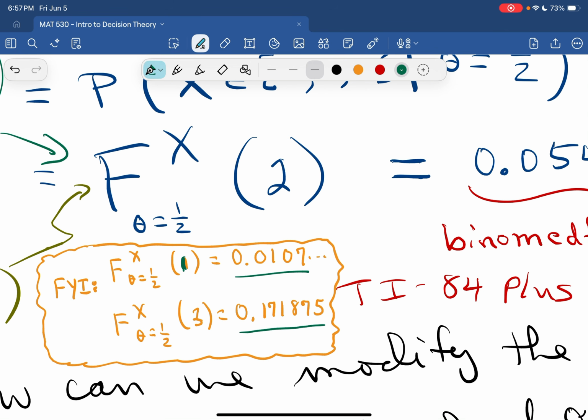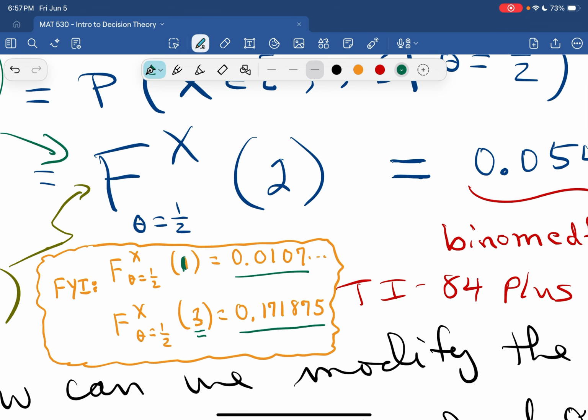So if we observed either zero successes or 1 success from our data, then it would be clear we should reject. If we observed 3 successes or more, it would be clear that we should not reject.